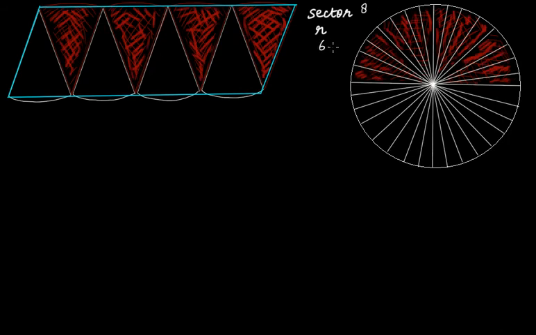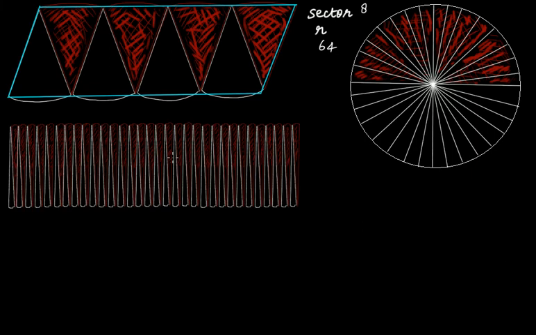Now it's 64. Right? So what happens if we again take out these shaded sectors and the non-shaded sectors and arrange them exactly the same way we have done here? Something like this happens.